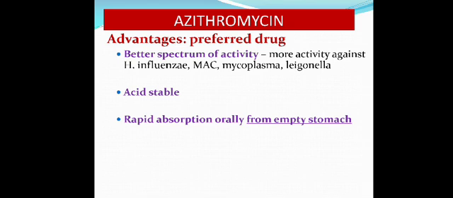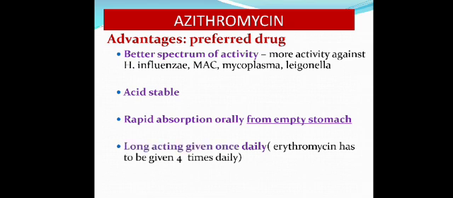Rapid absorption occurs if we take the drug on an empty stomach, and it is a long-acting agent given once daily. If we use erythromycin, it has to be given 4 times a day. Compared to erythromycin, azithromycin has fewer GIT side effects.